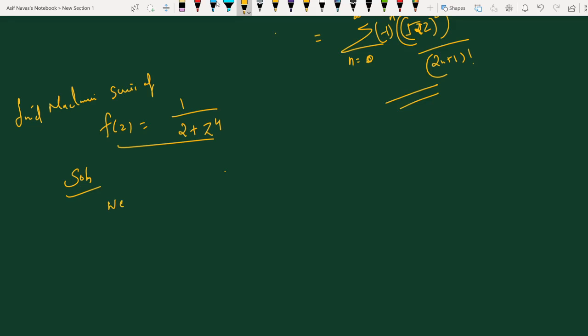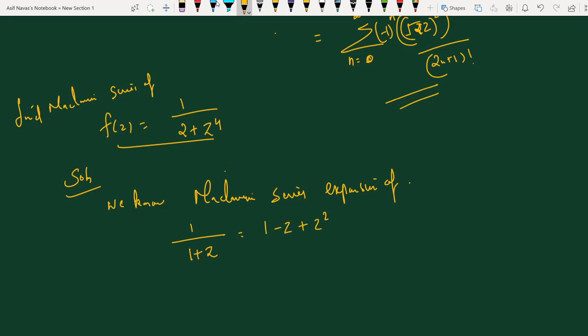So we know the Maclaurin series expansion of 1 by 1 plus z, right? What is 1 by 1 plus z? The Maclaurin series expansion is 1 minus z plus z square minus z cube plus z raised to 4 minus etc. So you have to know this.